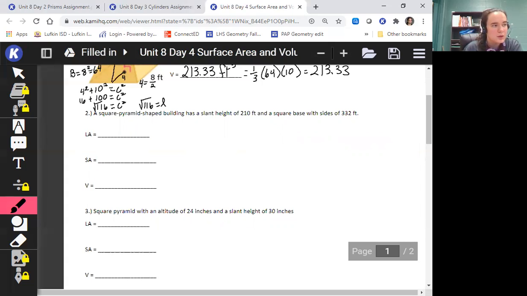So we know our slant height is 210 feet. And we know that the sides of our base are 332, so we can find our perimeter. So 4 times 332 because our base is a square.